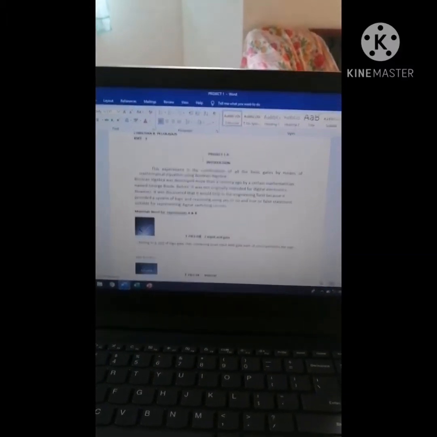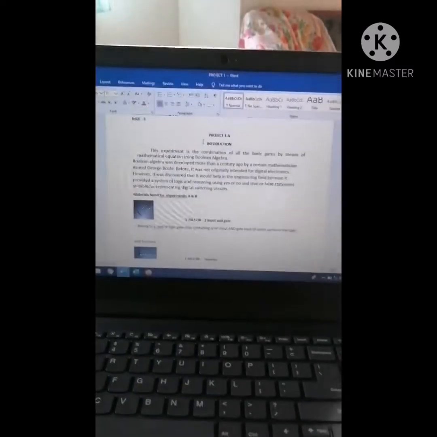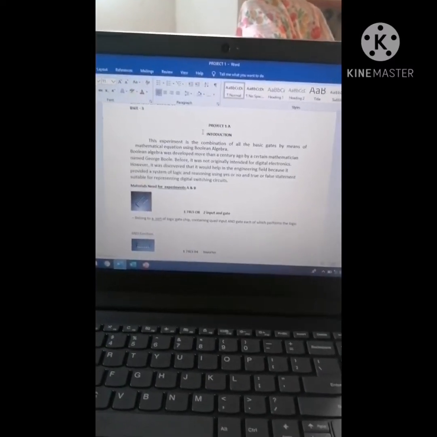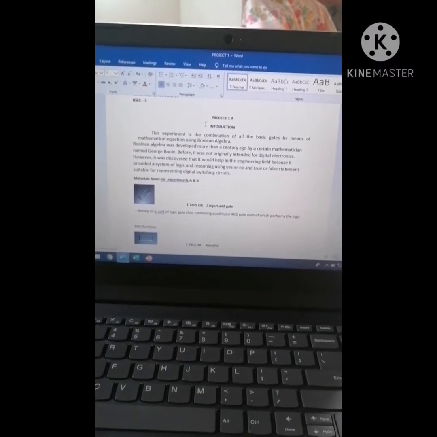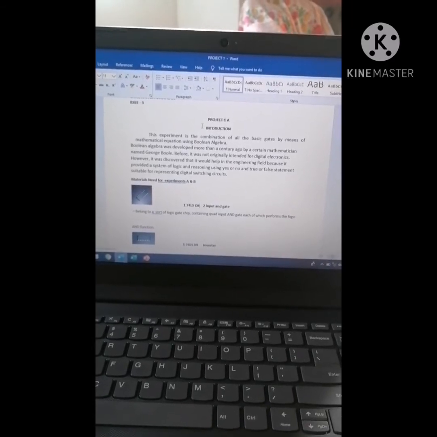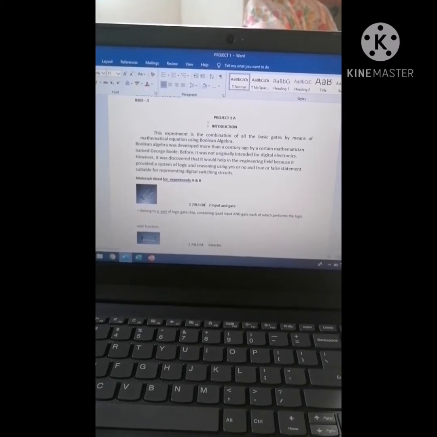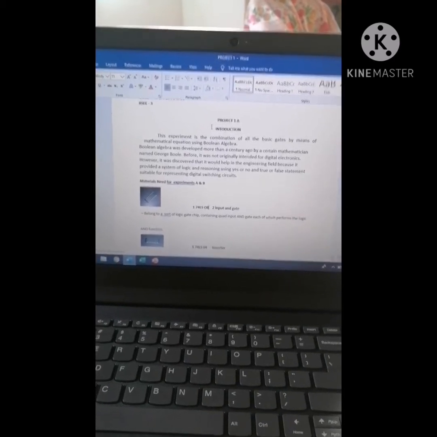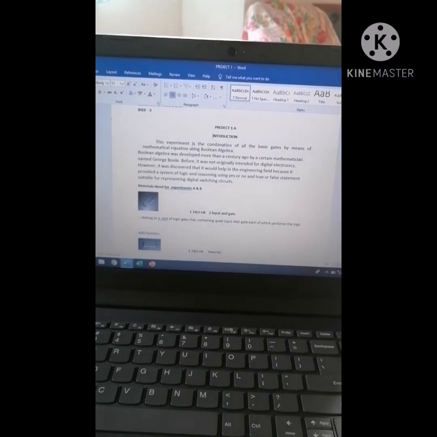Introduction. This experiment is the combination of all basic gates by means of a mathematical equation using Boolean algebra. Boolean algebra was developed more than a century ago by a mathematician named George Boole. Before, it was originally intended for digital logic electronics.